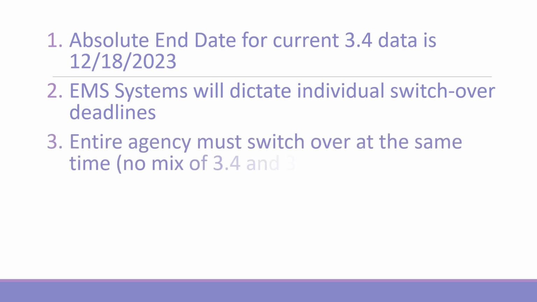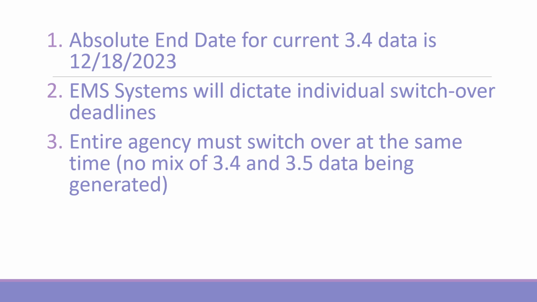The most important thing for an agency is that the entire agency needs to switch over at the same time. So you pick a date and time, and at 0700, you begin using the new form. At that time, your coordinator or someone on your coordinator's behalf should make the 3.4 form disappear, and you have to make sure that you resync Elite Field in order to bring those changes down.